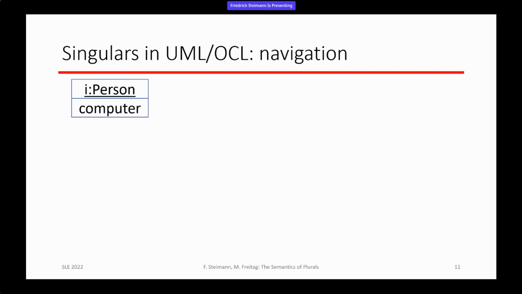So I can have examples, but what do I need these languages for? Basically, one of the most basic things that I can do, I can navigate data structures. So here I have myself as a person, and using a textual language that allows me to navigate these data structures, I would just write I, which is the name of the instance person that represents myself.